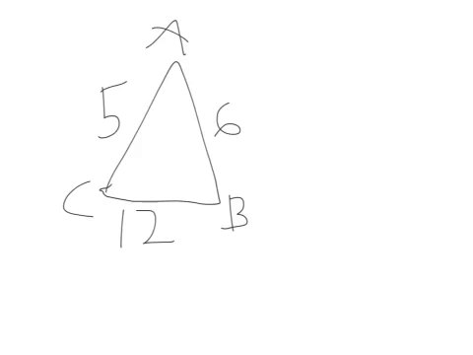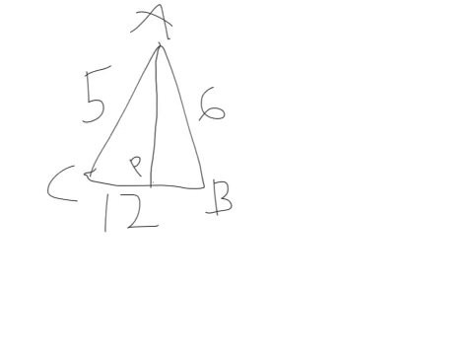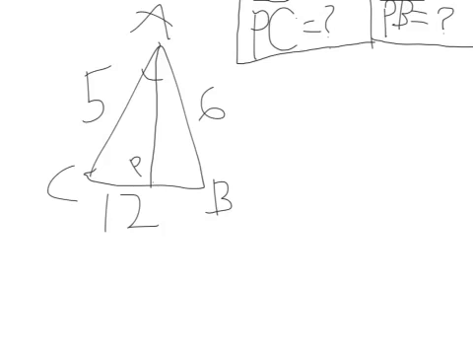There is an angle bisector through angle A, and it meets the line BC at point P. The question that they're asking is, what are the side lengths of PC and PB? Since we know these two angles are now equal, we can set up proportions to find the lengths PB and PC.